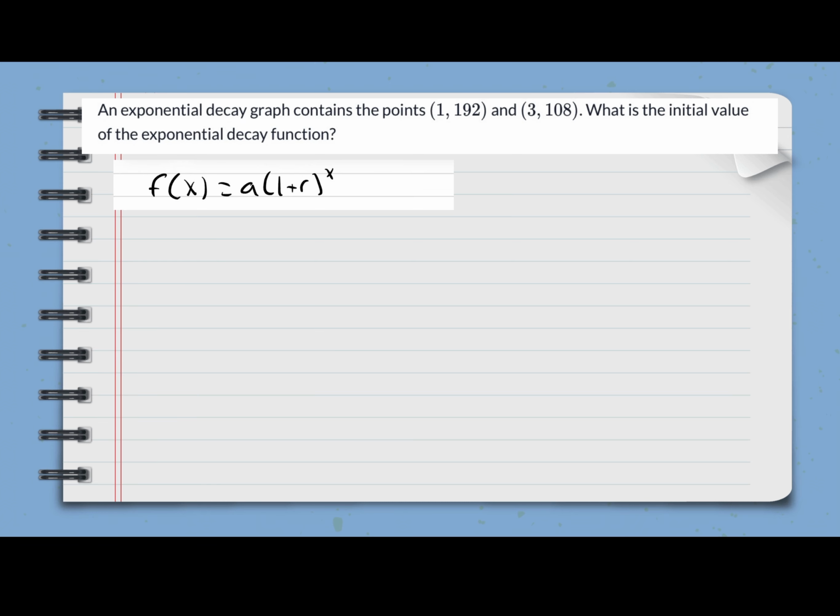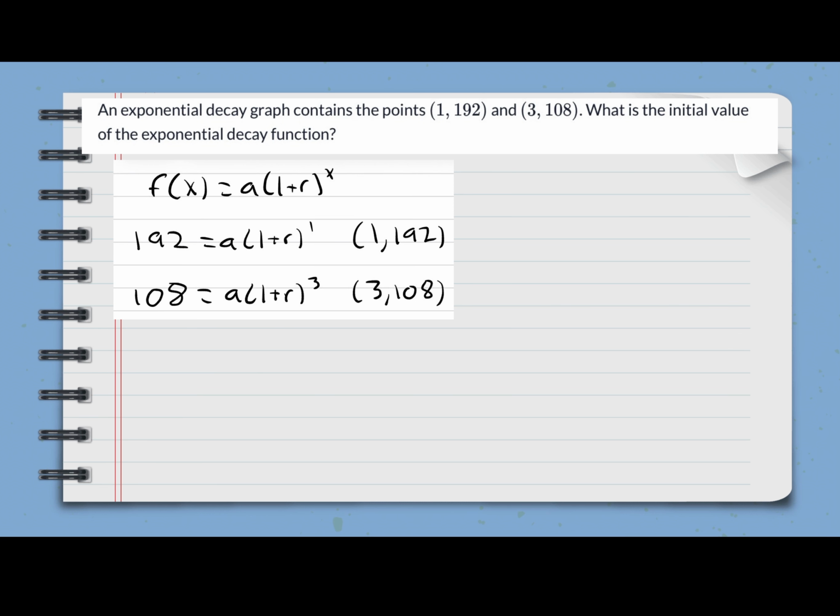In this case here, we can just plug in our points 1, 192. And okay, we also plug in 3 and 108 as well. So we plug it in as such, x equals 1 and 3, and then f of x, which is our y, will equal 192 and 108 respectively. So we just solve for a for both functions.